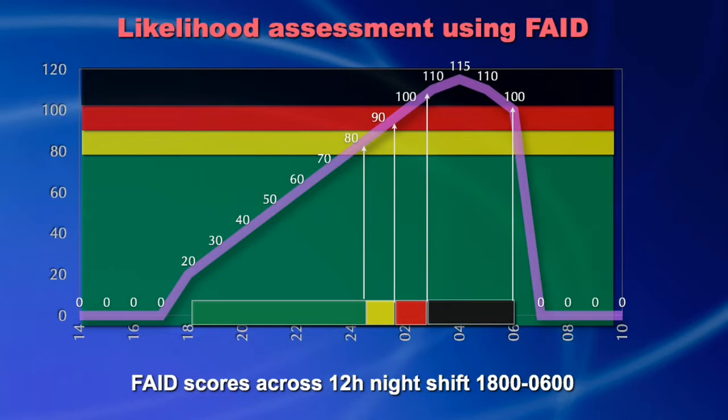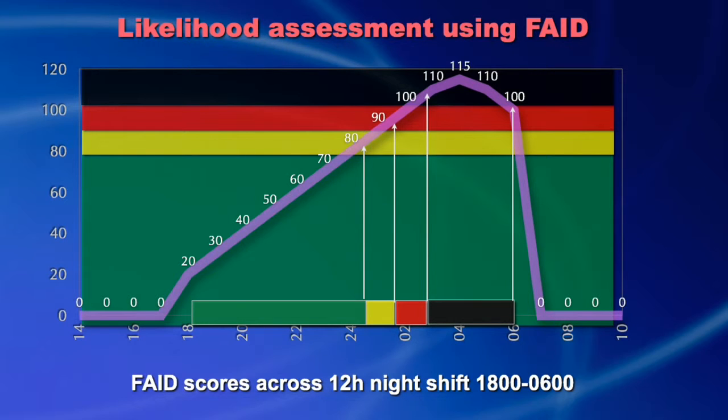And what we usually say is that where the score falls below some threshold, in this case at 80, then the likelihood of fatigue is low. Between 80 and 90, it increases. Between 90 and 100, increases more. And in this particular case, we have set a threshold value of black as anything over 100 points.